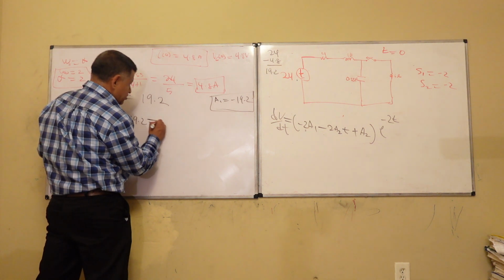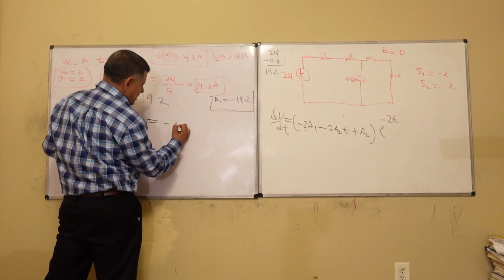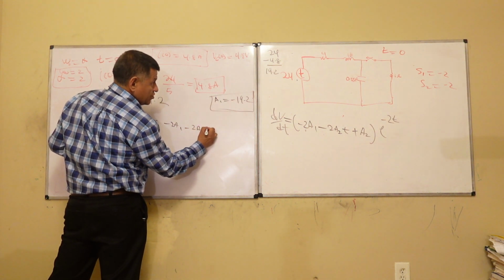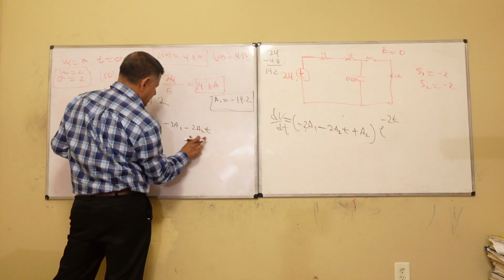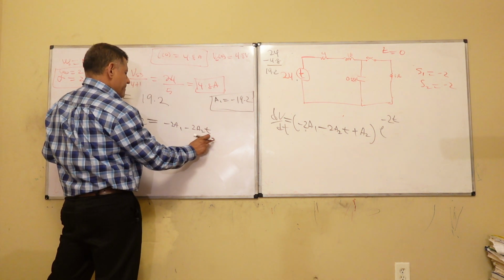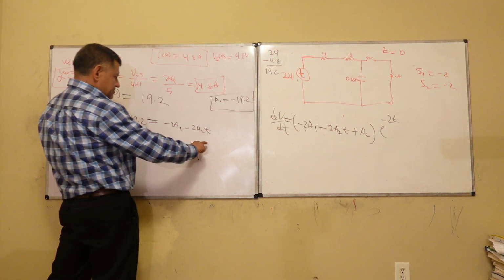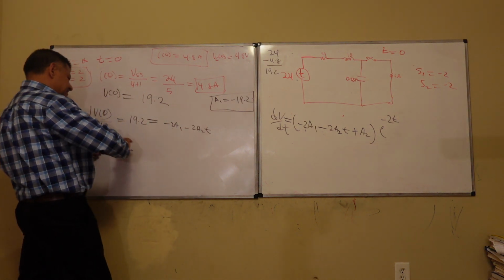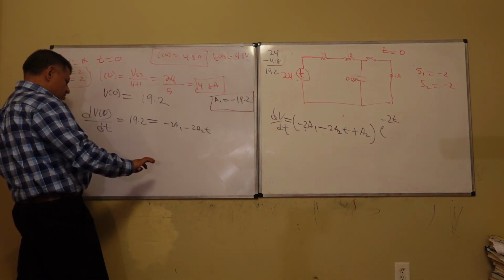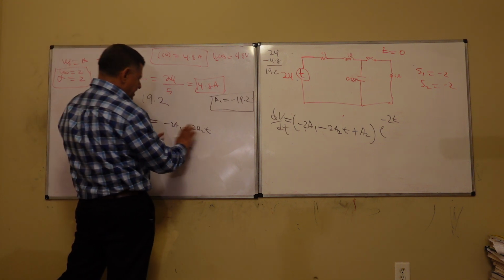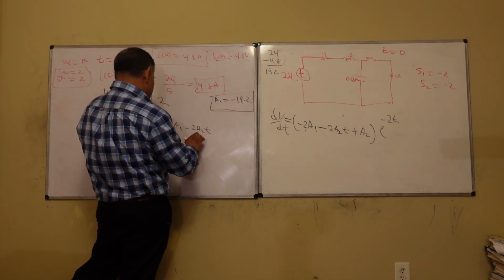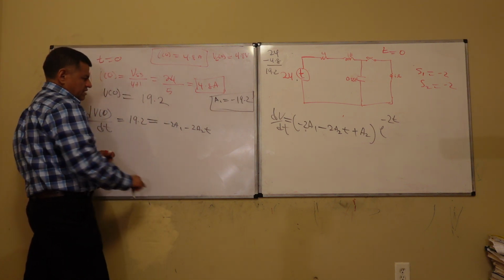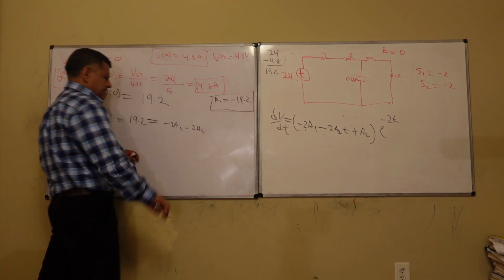Which is equal to negative 2a1, negative 2a2 t, right? But assuming we take it at time equals 0, we say forget about this, just do a1 and a2, right? And we just get rid of that.